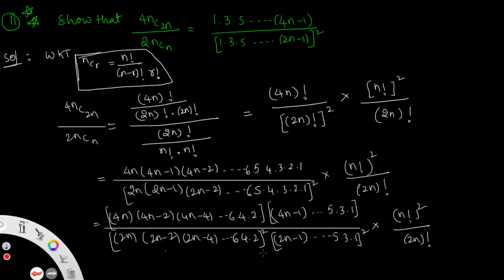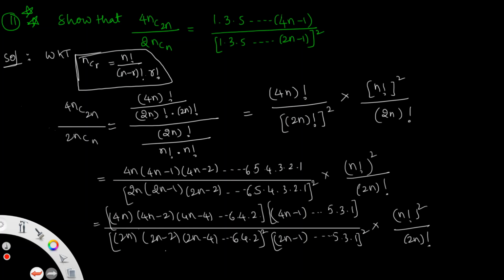So 4n is the first term and 4n minus 2 is an even term, then 6, 4, 2 as even terms, and the remaining odd terms are 4n minus 1, 4n minus 3, 4n minus 5, like that 5, 3, 1. Similarly for the denominator. This term keep the same.